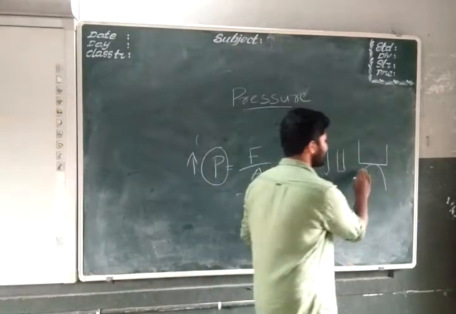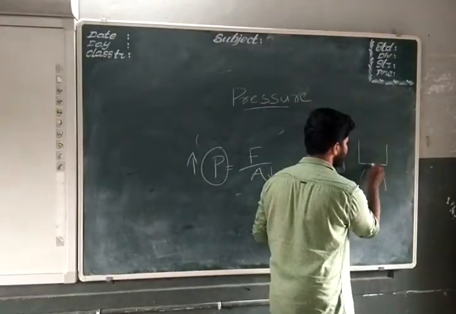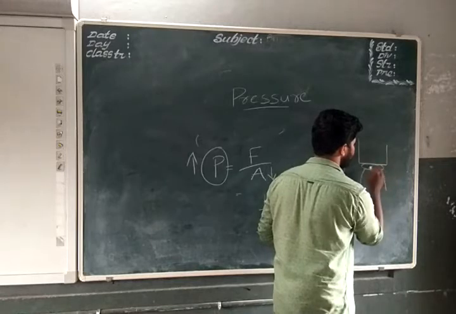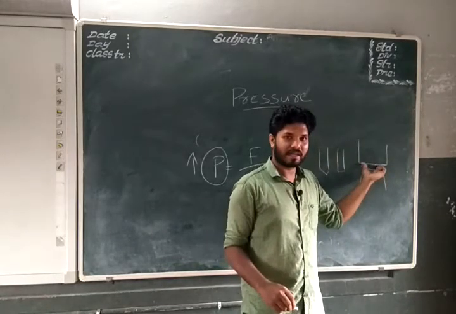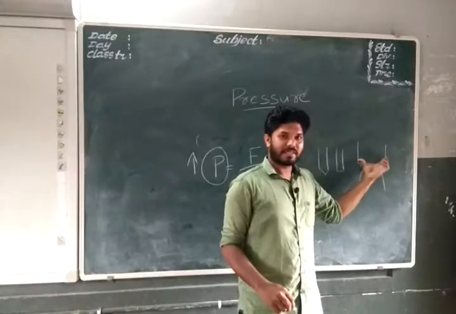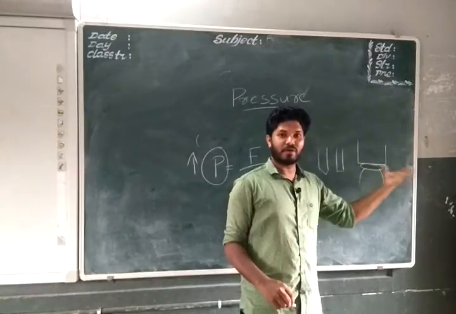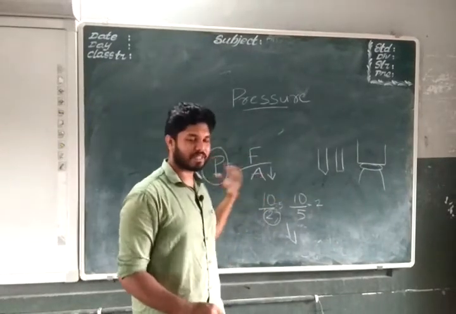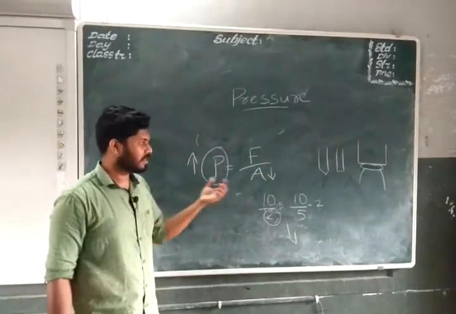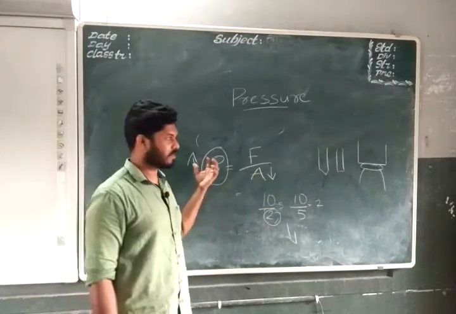What happens when we have one object in between? The total weight is spread over a large area. If area is increased, pressure will decrease. If area is decreased, pressure will increase.